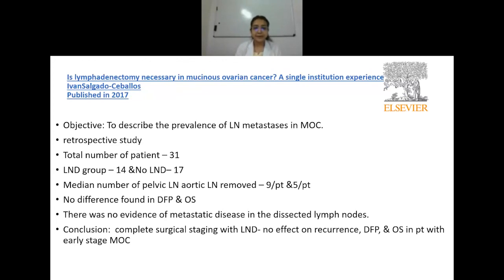The objective was to describe the prevalence of lymph node metastasis in early mucinous ovarian cancers. The total number of patients included was 31. Lymph node dissection and no lymph node dissection were done. In conclusion, after complete surgical staging, there was no effect of lymphadenectomy on recurrence, overall survival and disease-free progression in early stages of mucinous ovarian cancer.